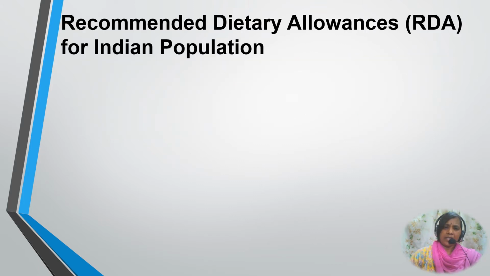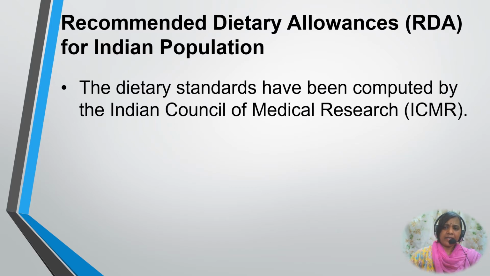Okay, now let us have a look at the recommended dietary allowances for the Indian population. For the Indian population, the dietary standards have been computed by ICMR, that is Indian Council of Medical Research.